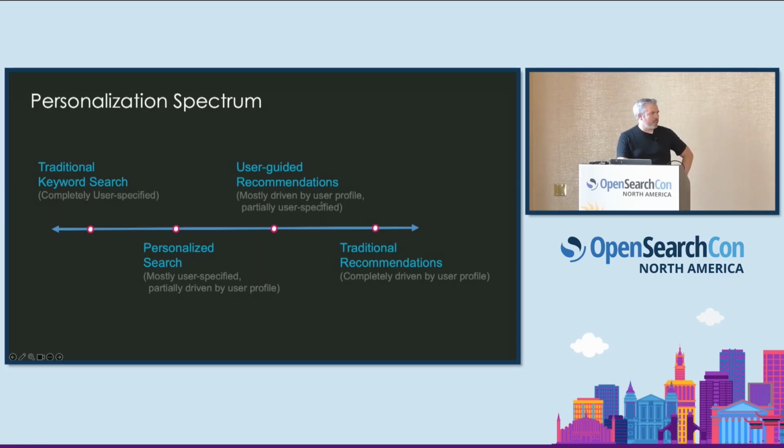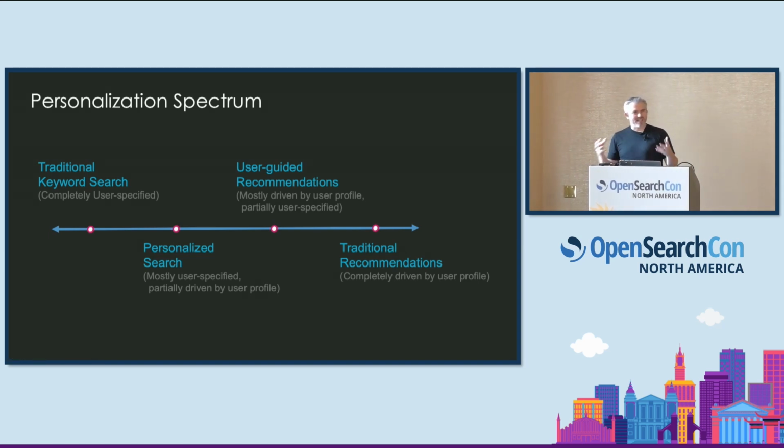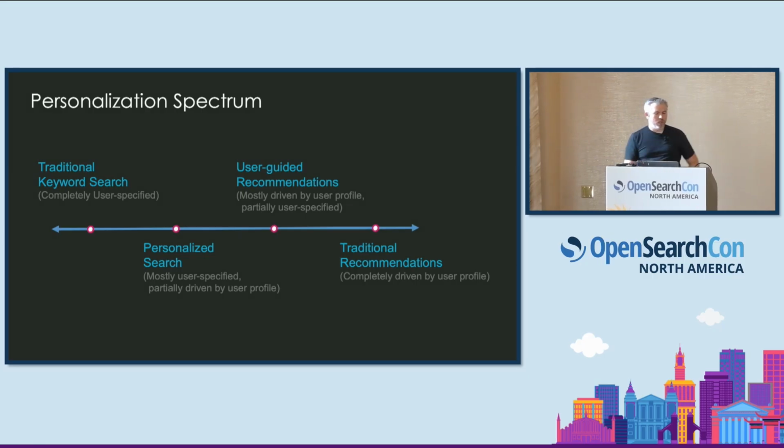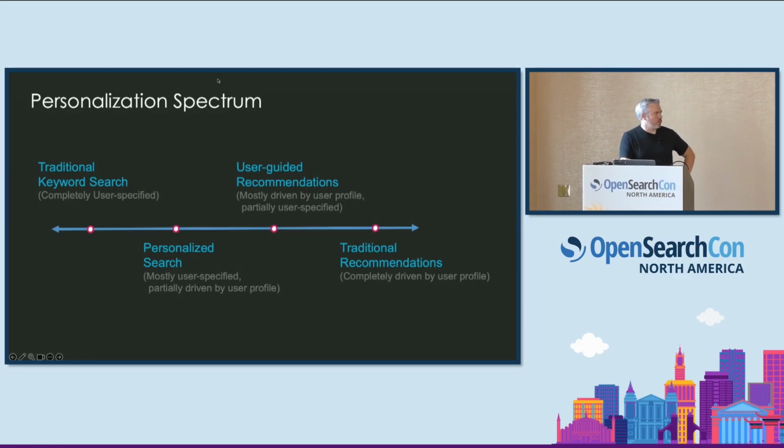If you think of recommendations as a process of taking in user context, passing it to an engine to match and rank, and then returning recommendations as results, it's really not fundamentally different than what we do with traditional keyword search. With traditional keyword search, you take in a query as context, use that context to match and then rank, and then you return some results.